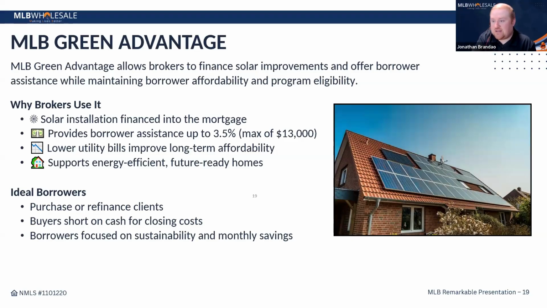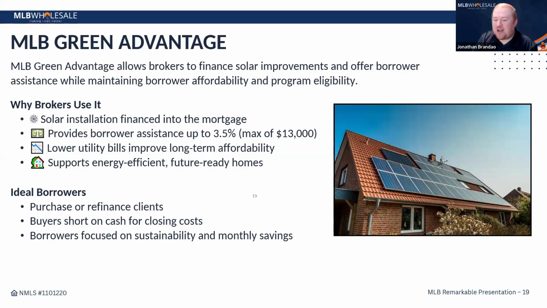So your base loan amount is calculated the same, 96.5%, and then you're going to put the cost of the solar on top of that. So the max LTV on the Green Advantage is going to be 120%. You can go up to 120% because you're adding the cost of solar on top of your base loan amount. But it gets financed all in, just into that FHA loan altogether.